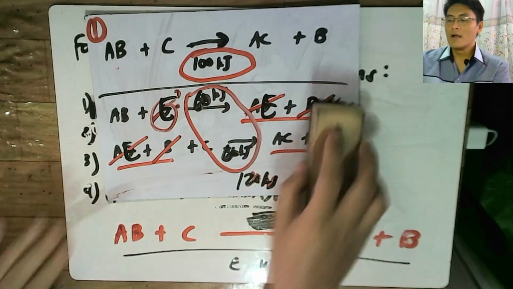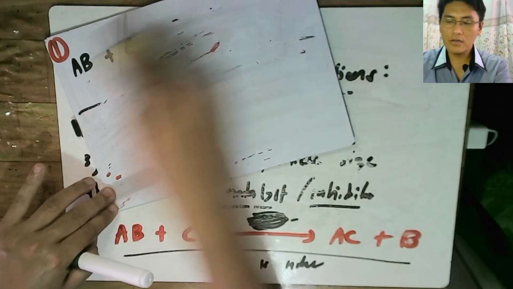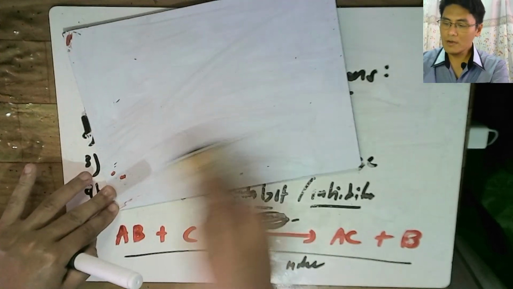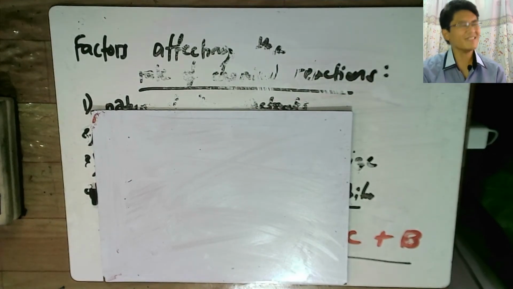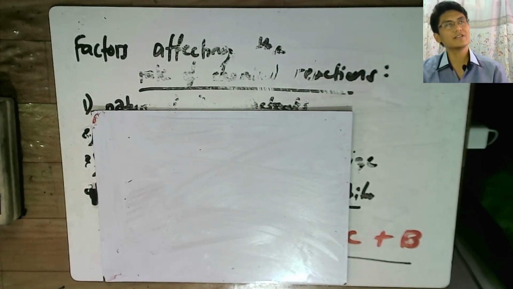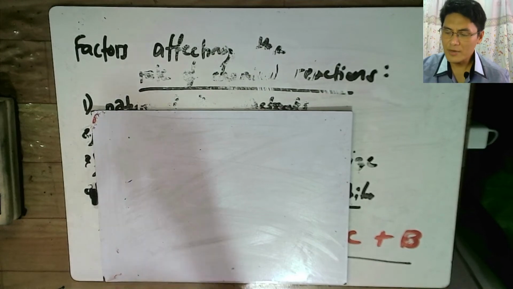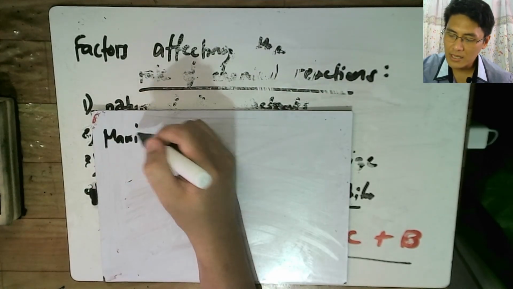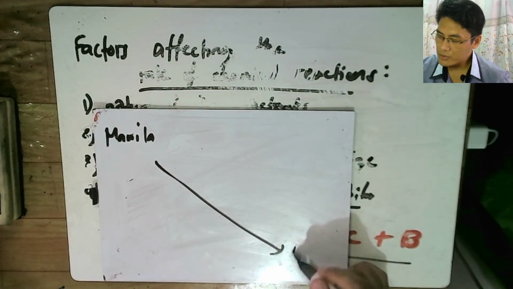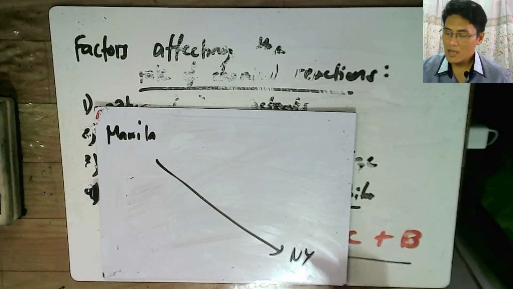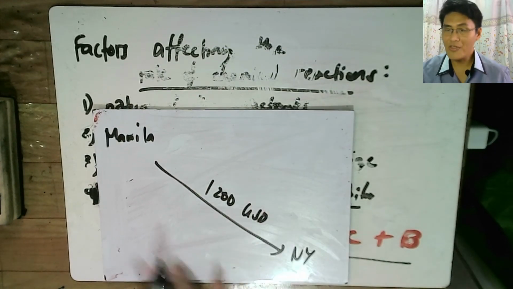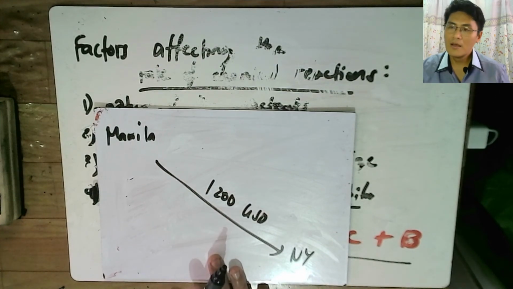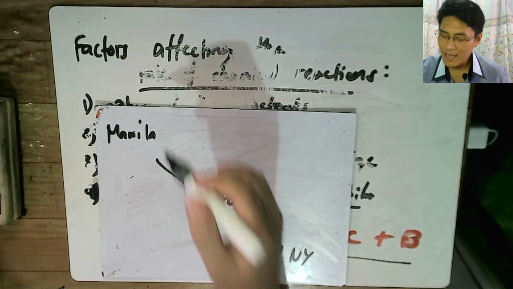Okay? Another example that I could give you is, again, a loose example, just in case you did not understand that. Say for example, you have a flight from Manila directly to New York, right? And this costs, again, I'm just eyeballing this, 1,200 USD. But then you have another option.